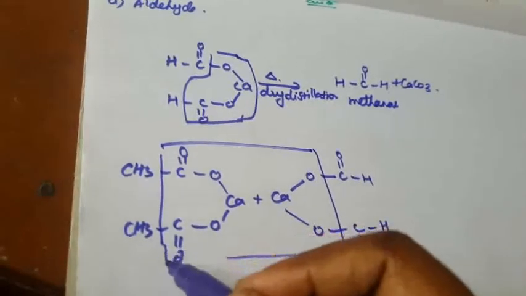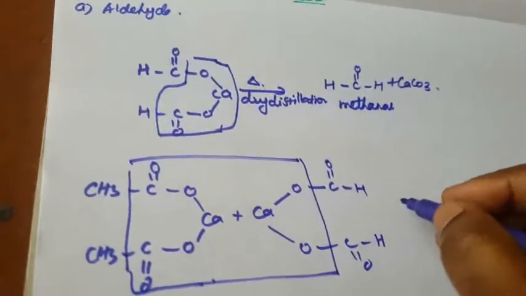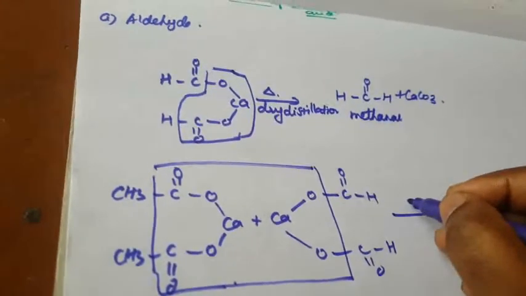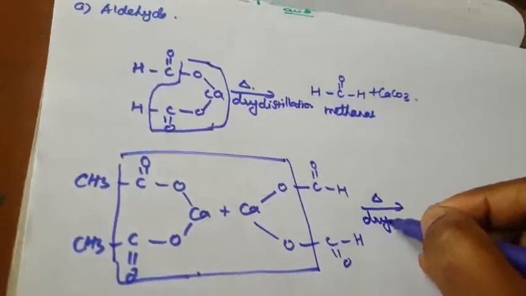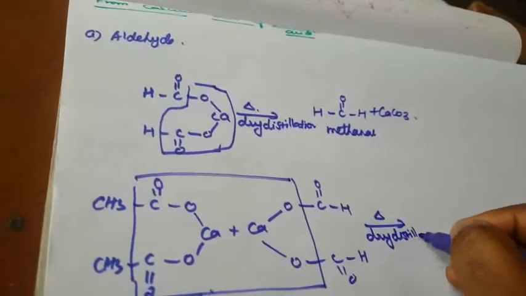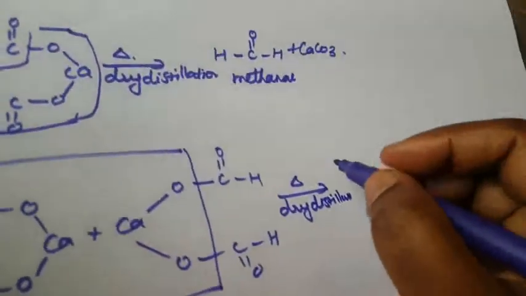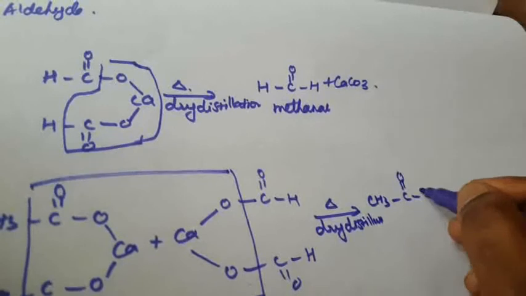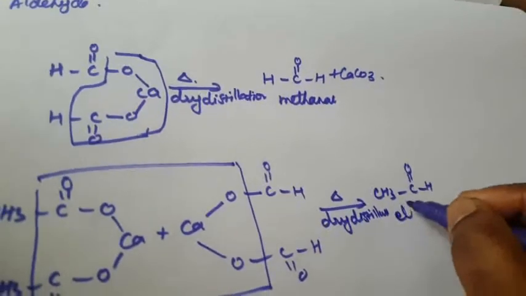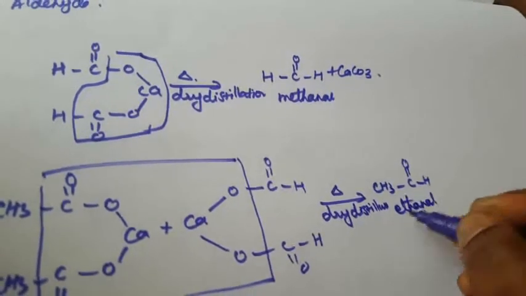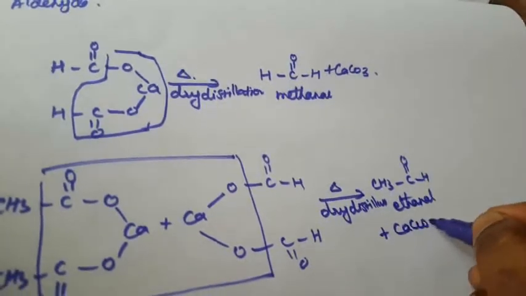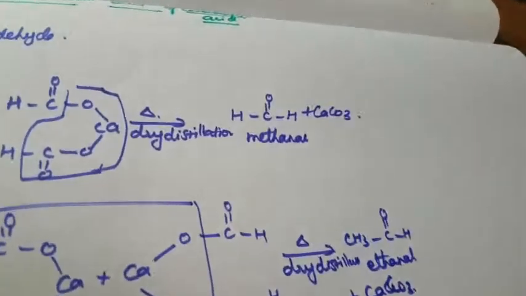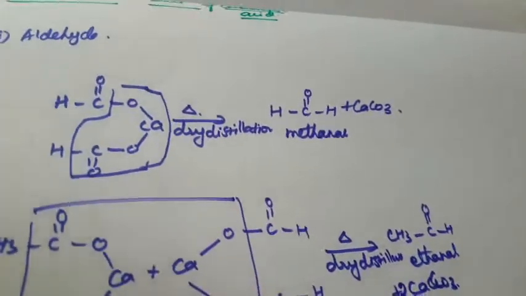This compound will be released, that is called calcium carbonate. Again in the presence of dry distillation it forms CH3 C double bond O-H. What is the two carbon compound? That is ethanal. Okay, then two molecules of calcium carbonate will be released.